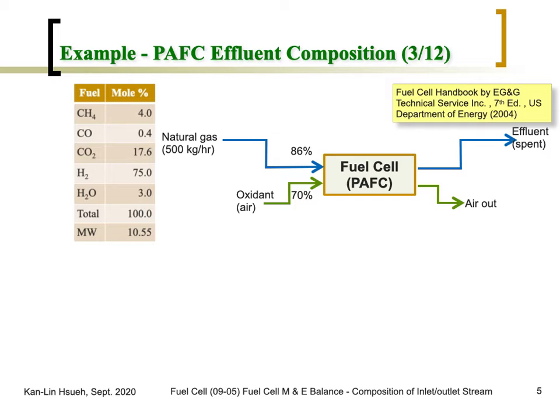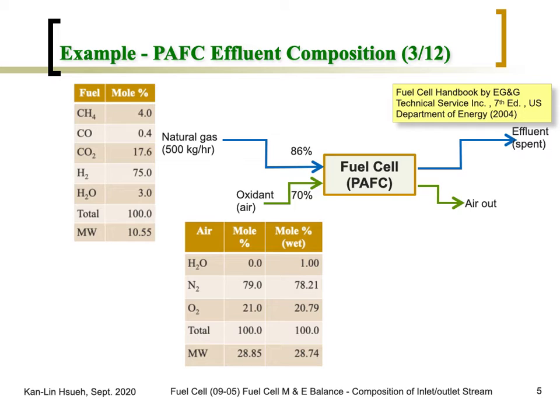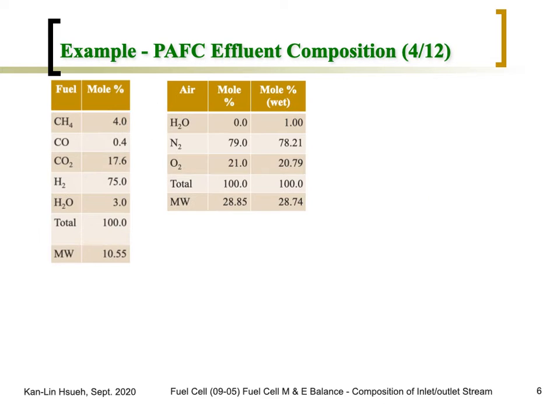So the total is 100%, and the average molecular weight is 10.55 kilograms per kilogram mole. This is the average molecular weight of the input hydrogen-rich gas. And the air has about 1% water in it, and the average molecular weight is 28.74. So we have these two pieces of information.